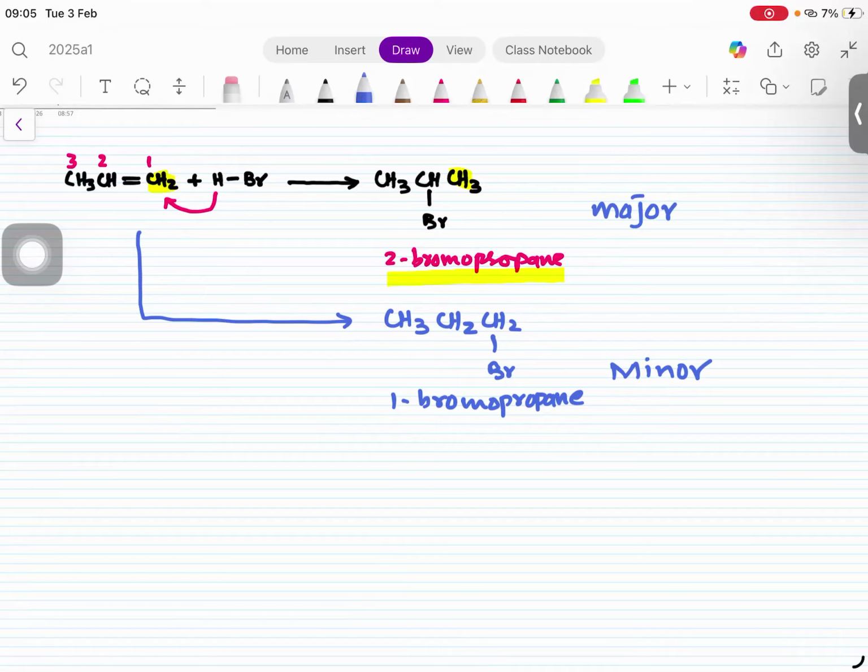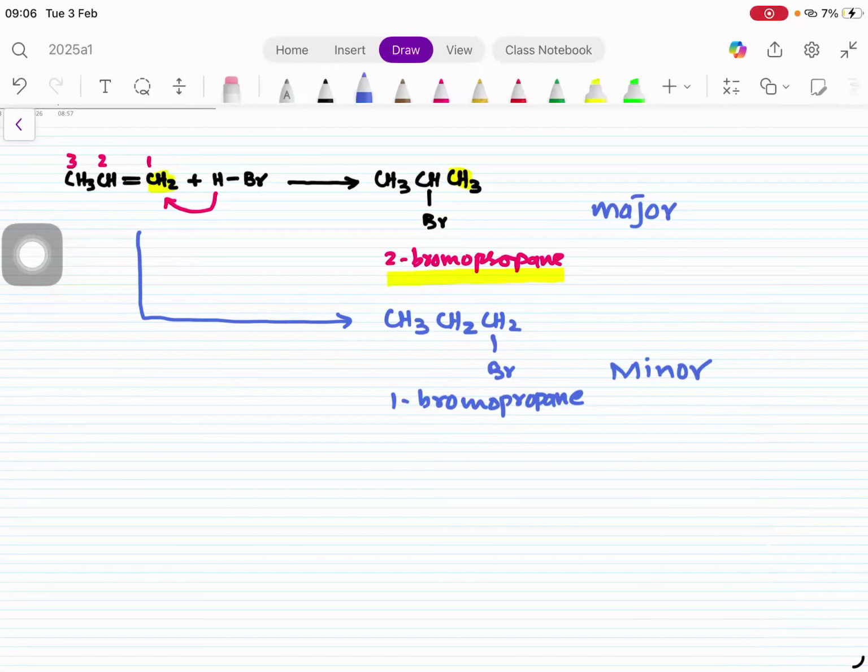Now, what is the reason? Today we are going to see the reason, right? And I told you yesterday that you can remember it either way, or you can remember that when hydrogen goes to the carbon that already has more hydrogens, that will be the major product. For example, look at this.